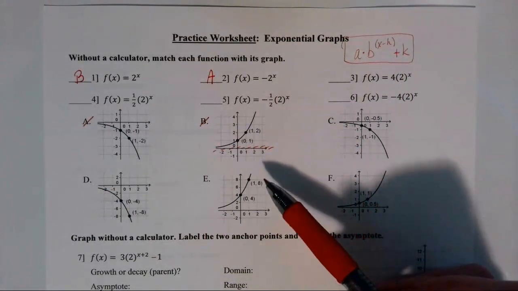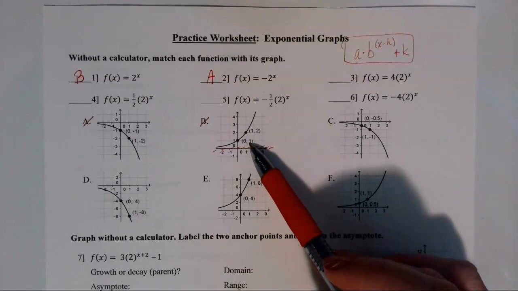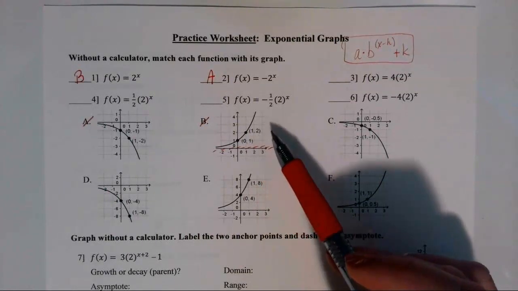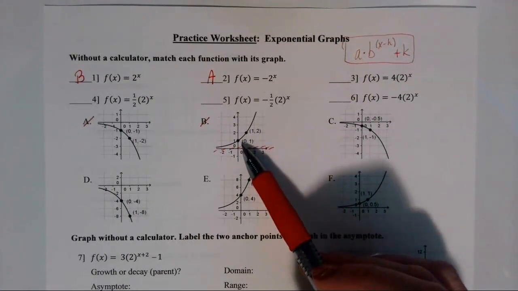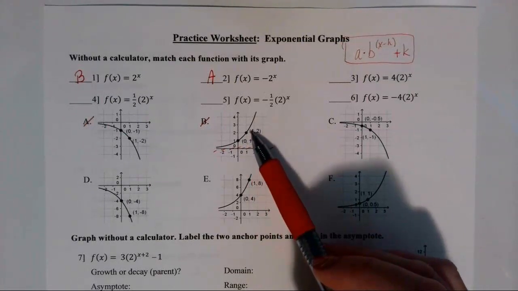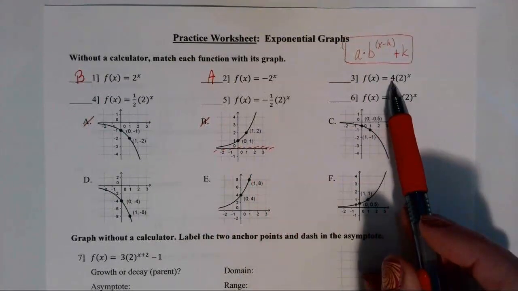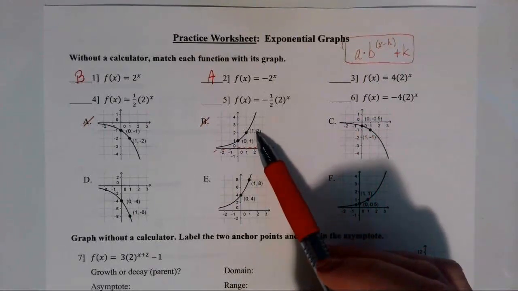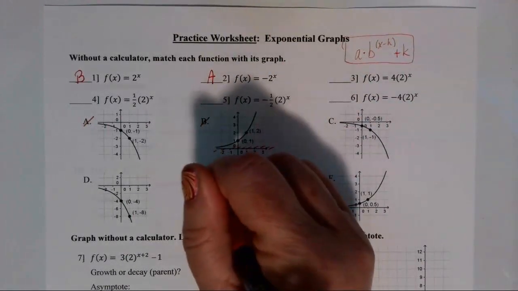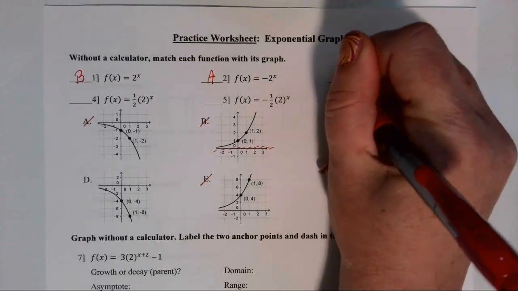So when we look at 0, 1, when we multiply that y value by the a, which is 4, we get 0, comma 4. Then 1, comma 2, when we multiply that y value by 4, we get 1, comma 8. And that would be graph E.